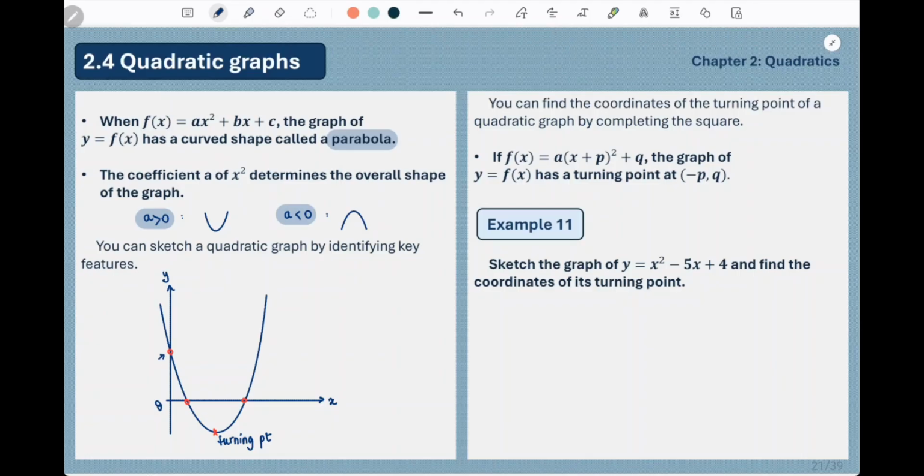The graph crosses the y-axis when x is equal to 0. So to find this point over here, we need to solve for x equal to 0, and to find these two points over here, we need to solve for y equal to 0.